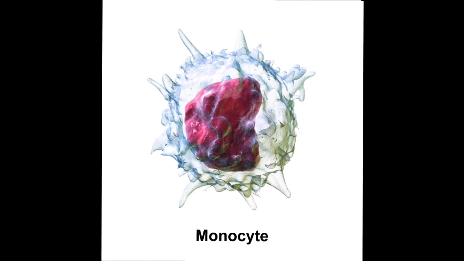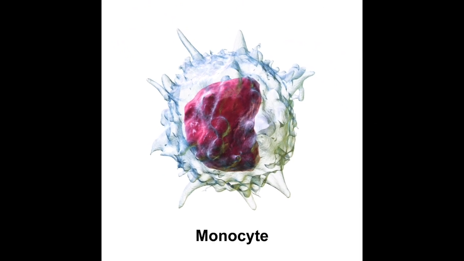Second, as we can see in this image, we have the monocyte cell. That was the granulocyte; this is the monocyte cell, which we also find in the immune system. We can distinguish the monocyte from other cells because it has a bean-shaped nucleus.